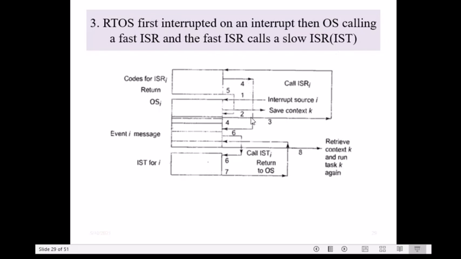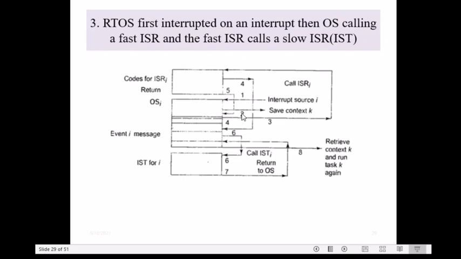The first few steps are the same as in the second interrupt routine. So let's see what happens. First, the hardware interrupt source will cause the interrupt, and the operating system will complete the execution of the currently running process up to its preemption point, or the critical part of that particular task will be completed, and its context will be saved.